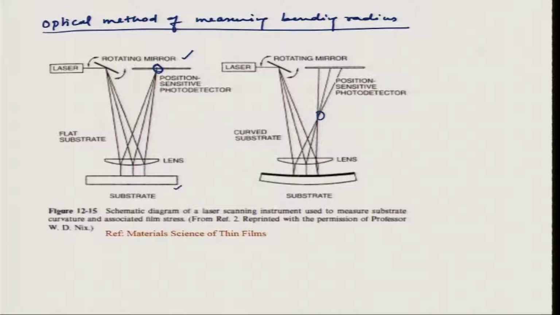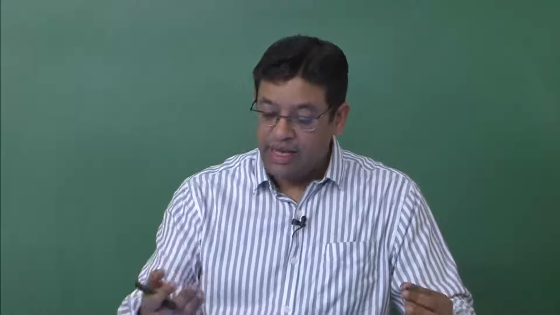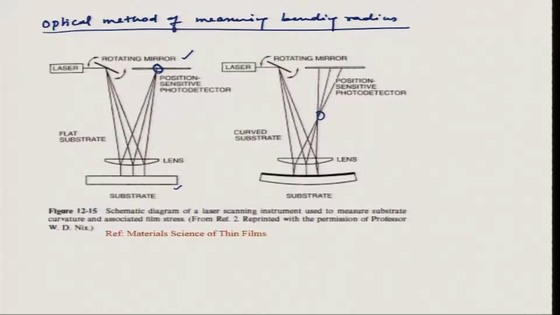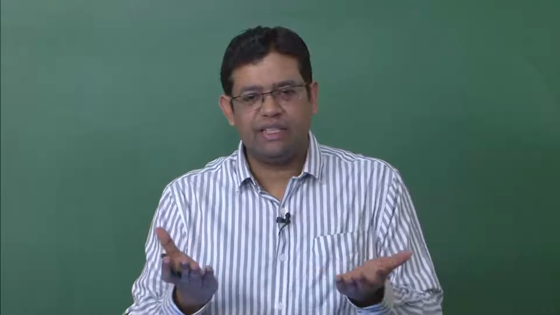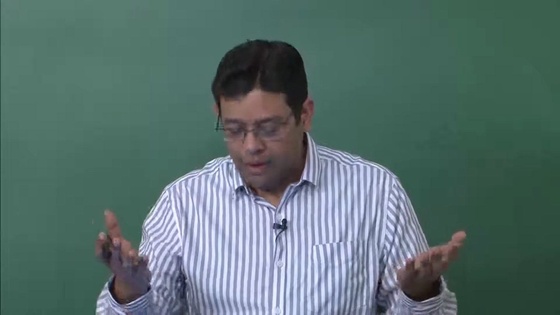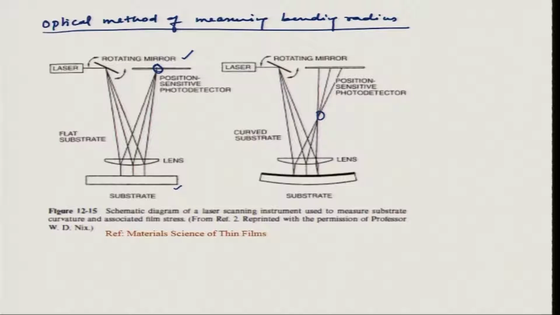Now, you take the substrate and deposit your thin film, by PVD, CVD or any other method, and then you repeat the measurement on the same substrate. Because of the stresses in the film, you will have a very small amount of bending. These stresses we cannot see, but this laser focus will be able to pick up that small bending due to the film stresses, and you will see the change in position.